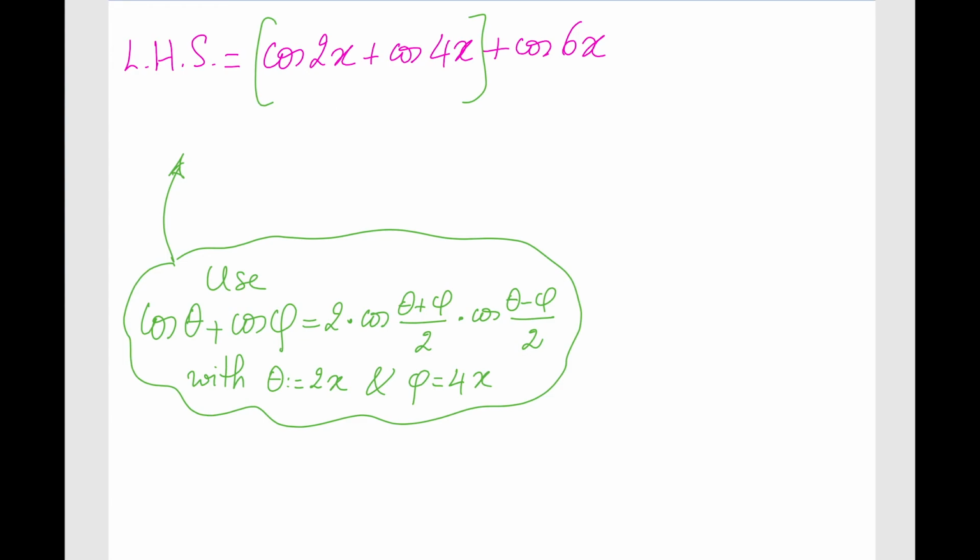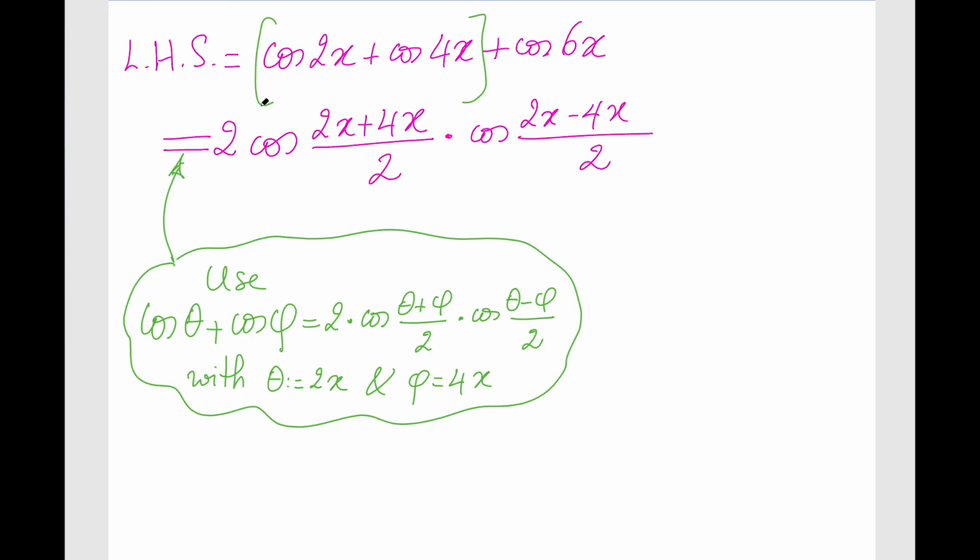So according to this, I get twice cosine of the sum of theta and phi, so 2x plus 4x over 2, times cosine of the difference over 2, so cosine of 2x minus 4x over 2.